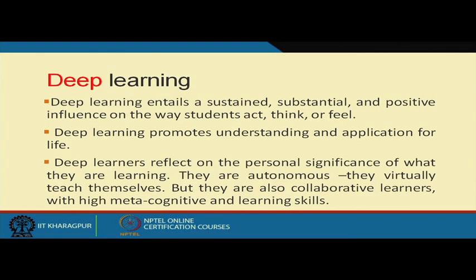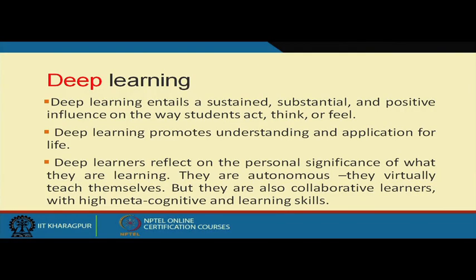So, deep learners reflect on the personal significance of what they are learning. They are autonomous, they virtually teach themselves. The deep learners think, what I am learning, these things I learned, okay, where can I apply them? They are thinking on this, and automatically, as if they virtually teach themselves.